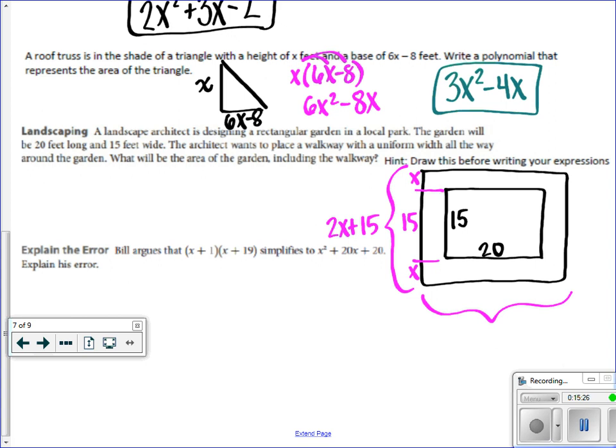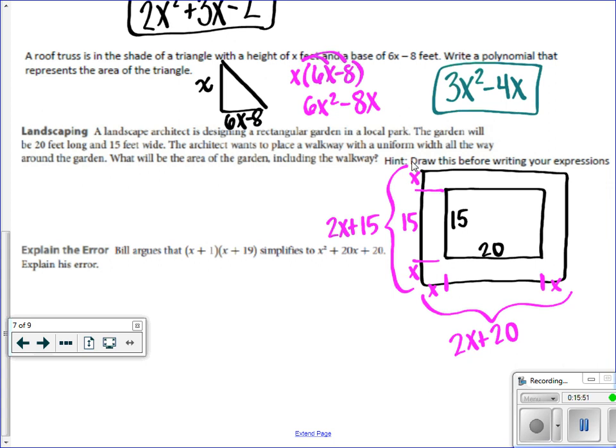So then what's the length going to be? The 20. 20 takes up this spot though. This is still x, so 2x plus 20. So now we have to, oh wait, no, we're just finding area, right? So what do we need to do to find the area of that? 2x plus 15 times 2x plus 20.